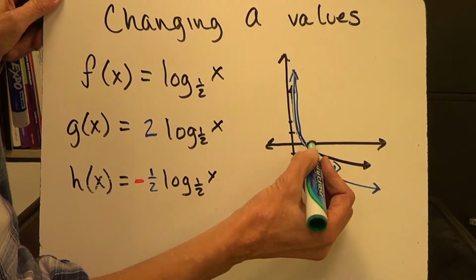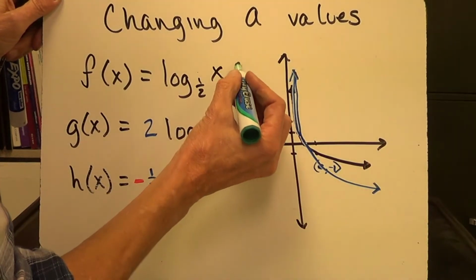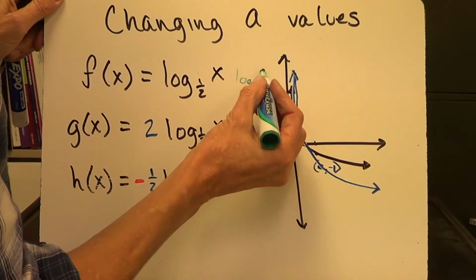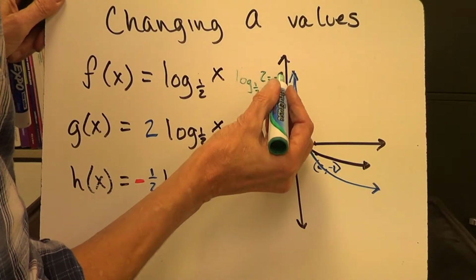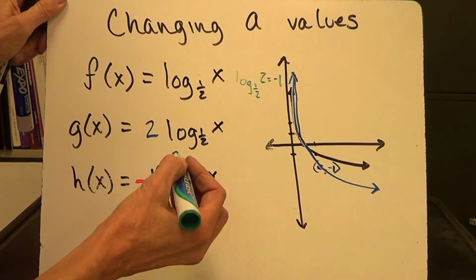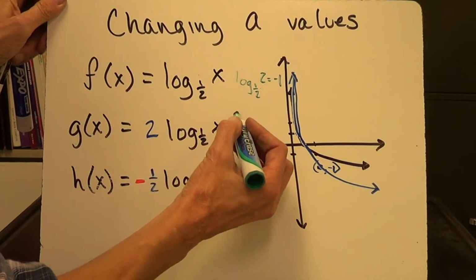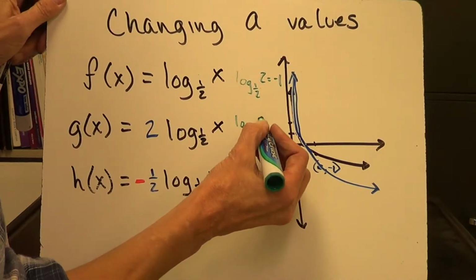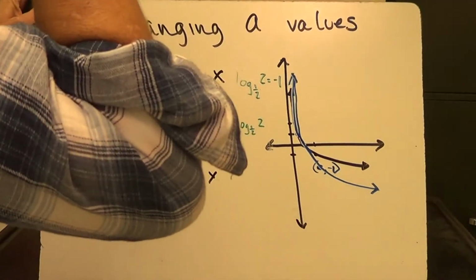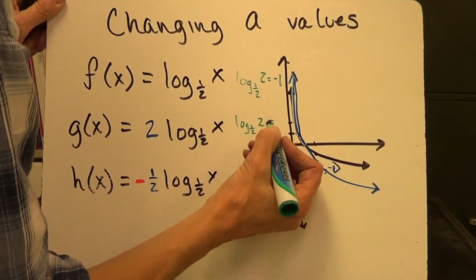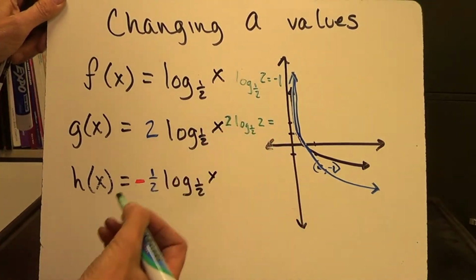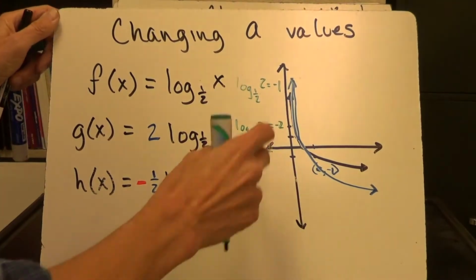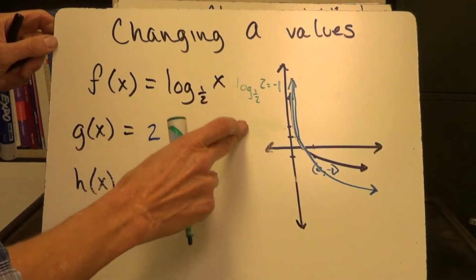So when I plug in 2 for x on this, log 1/2 2, it would be a -1. Okay? And so when I do it here, log 1/2 2 equals, I have the 2 in front, it's -1, it's negative, oh yeah, it's -2. Okay, so we're good. Just what I told you.